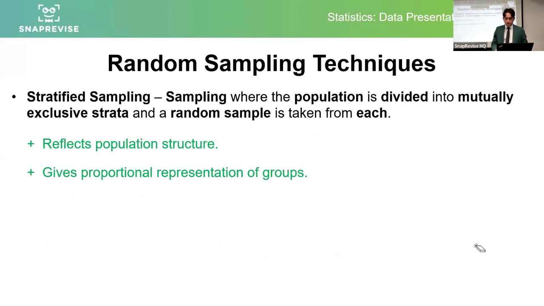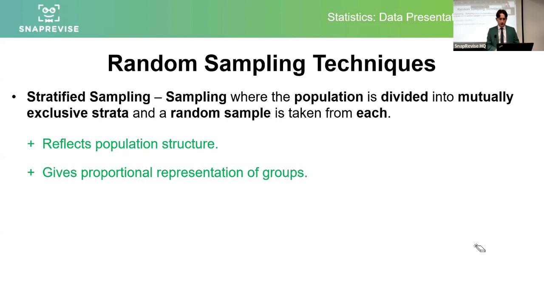The aim is that it represents the population structure. So you might stratify by age, but it should be in proportion to the real population. If I sample 100 people instead of a population of 1 million, I should have the right quantities of the people that represent different groups.